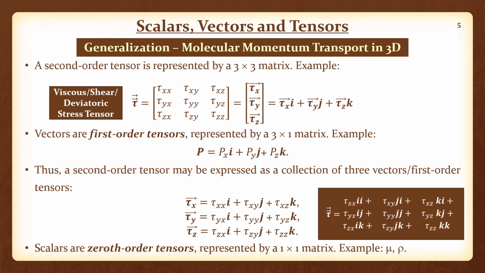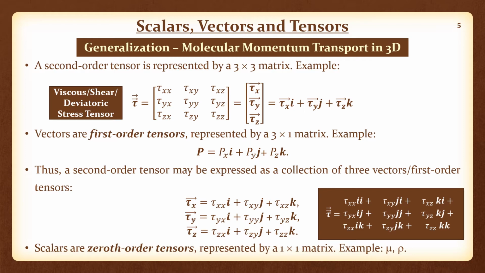Okay, so tau x is tau xxi plus tau xyj plus tau xzk. So for all of those, you will have another unit vector i that is showing up. Remember, I told you that these tensors are quantities where you have a pair of directions associated with each term of the tensor, right?